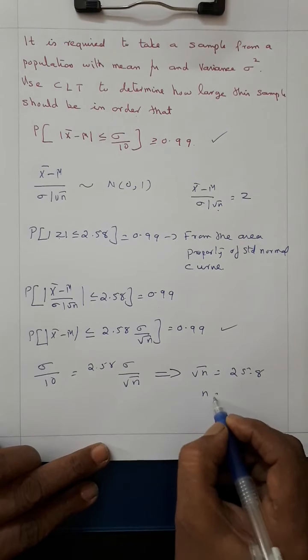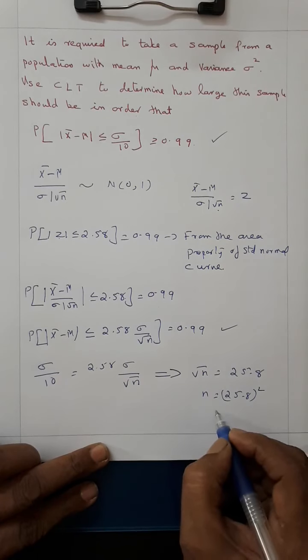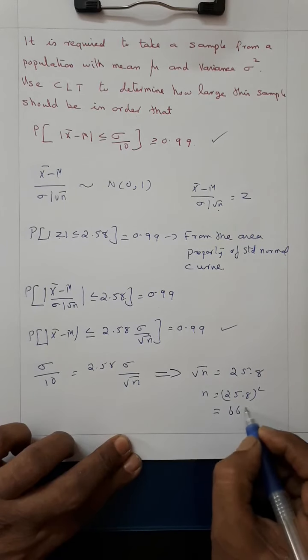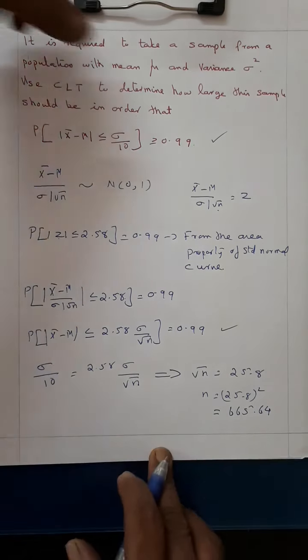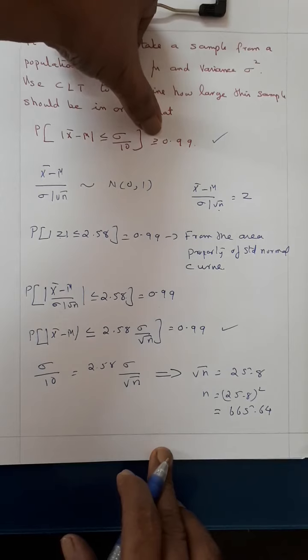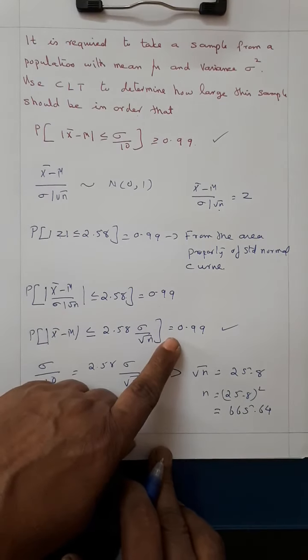Therefore, n is equal to 25.8 whole square, which is 666.64. Here we have greater than or equal to 0.99 and here we have equal to.